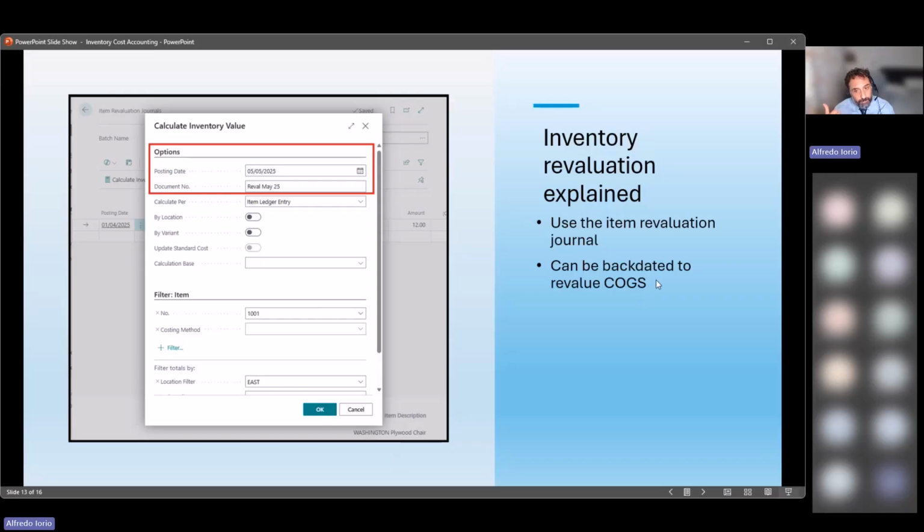Remember what I said earlier, the amount posted to the general ledger is determined by the value entries. So any report or analysis that you as a consultant, or your client or your organization, wants to create to analyze gross margin of your inventory must not look at the general ledger.